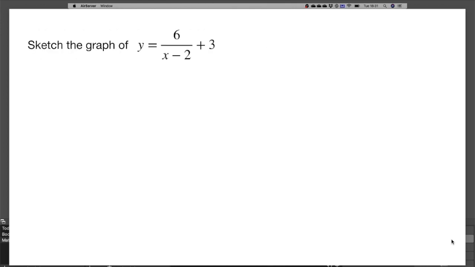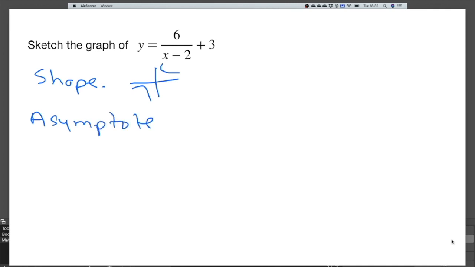If they give you a question like this to sketch, you can make use of the properties. First of all, it should be the shape. So think about the shape. The second thing is the asymptotes. The vertical asymptote is found using the denominator.